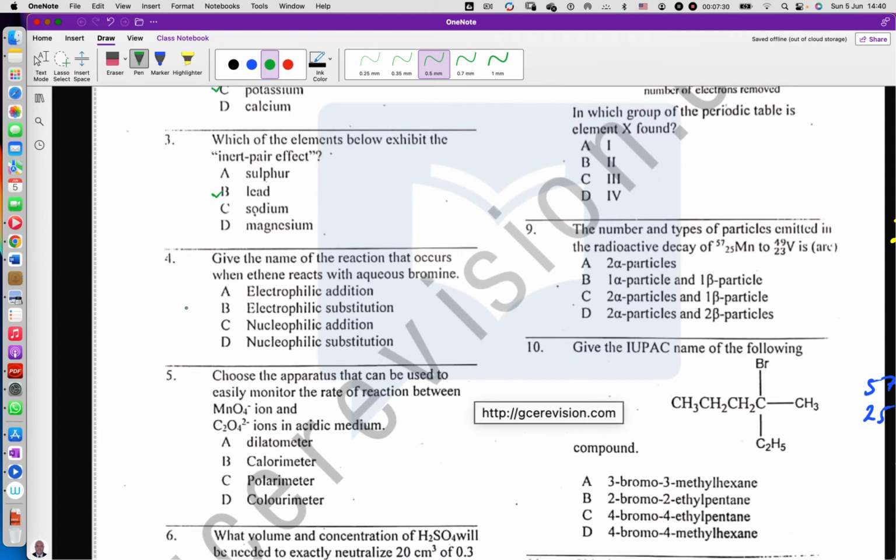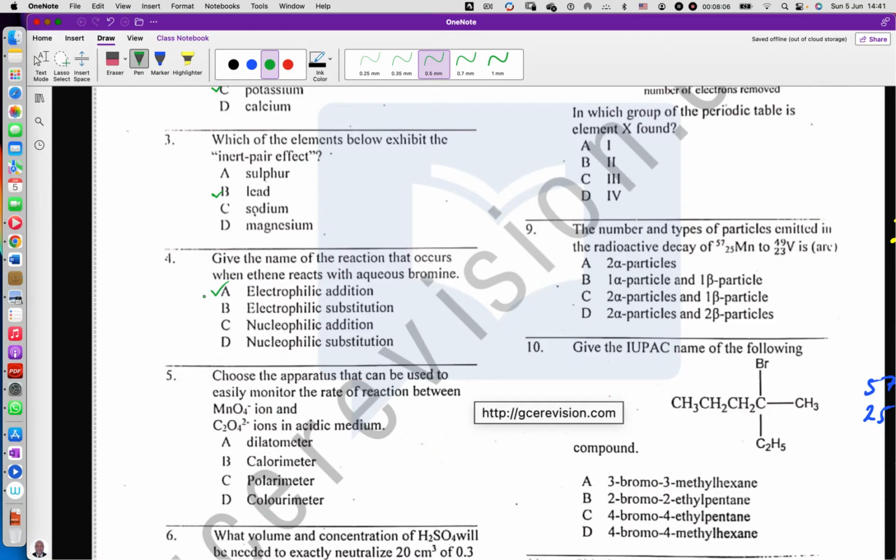So in that case, it is not going to be electrophilic substitution, nucleophilic addition, or nucleophilic substitution. It is going to be electrophilic addition, because we are adding bromine across the double bond. So our answer for number 4 is A, electrophilic addition.